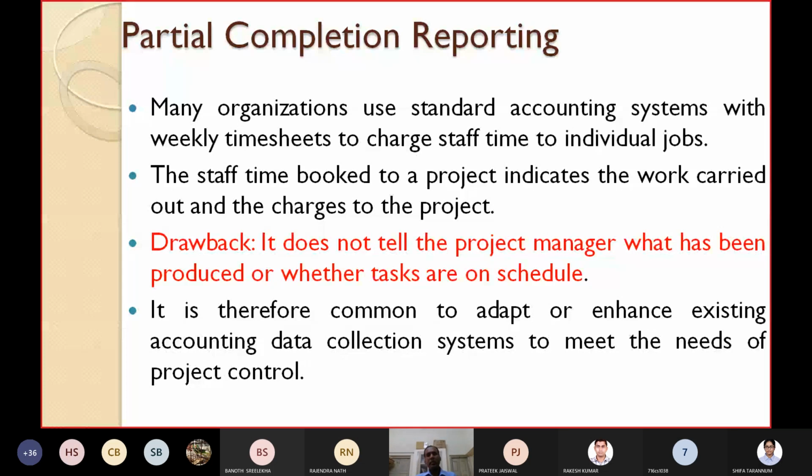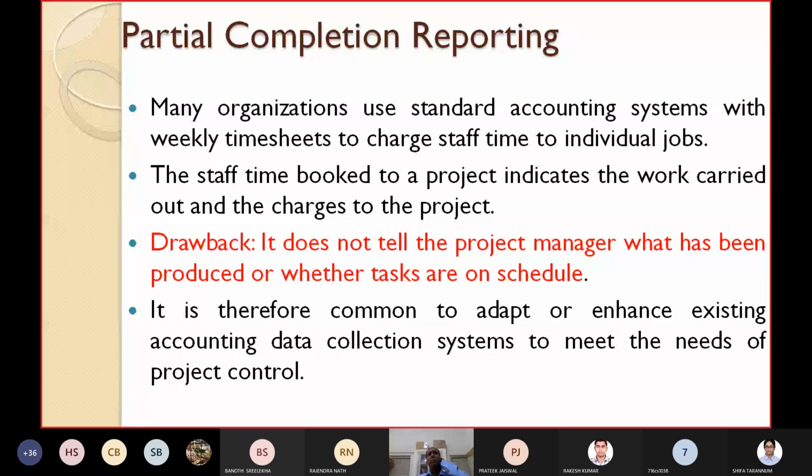But the drawback of the staff time that you are computing is that it does not tell the project manager what has been produced, what item has been produced, or whether all the tasks are on schedule, that is, whether all the tasks are completed or performed according to the plan.